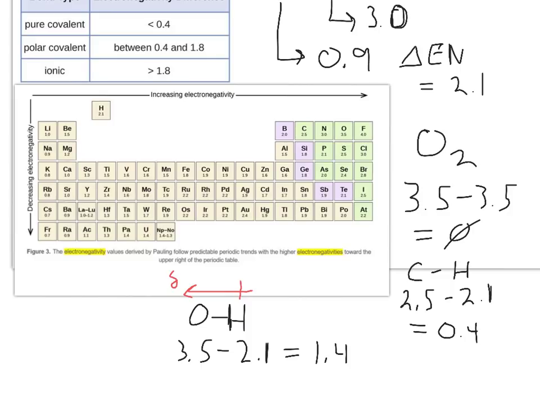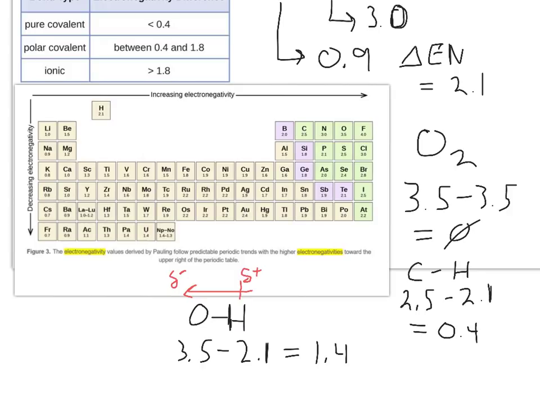And then use the lowercase Greek letter delta to show a partial negative charge on oxygen and a partial positive charge on hydrogen. So it's not an ionic bond in the sense that the oxygen has a full-blown negative charge, and hydrogen has a full-blown positive charge, but there are partial, smaller charges.